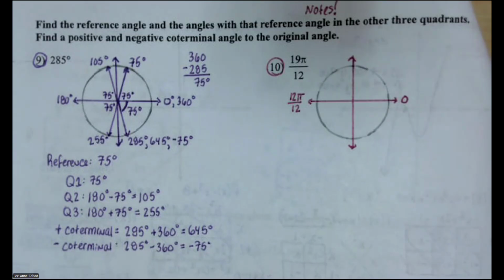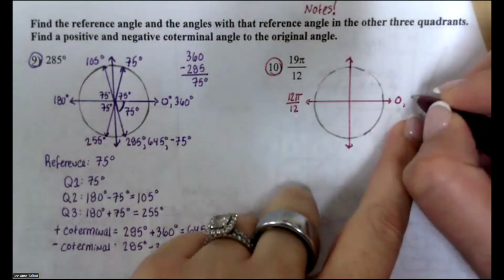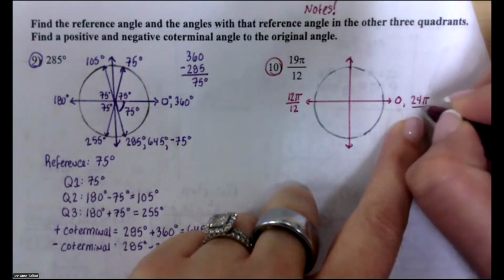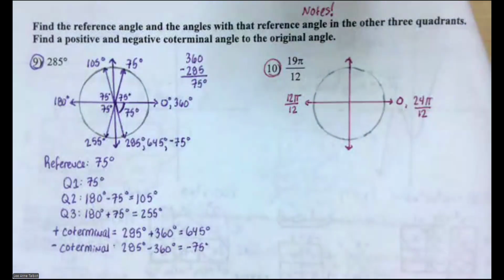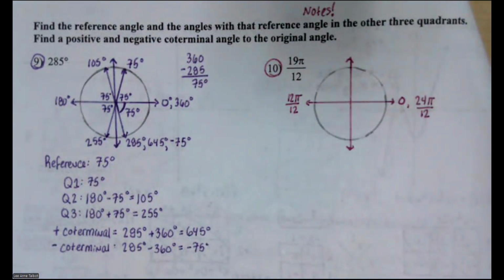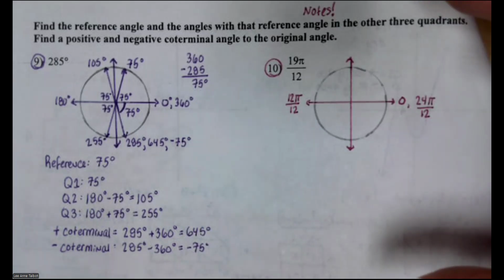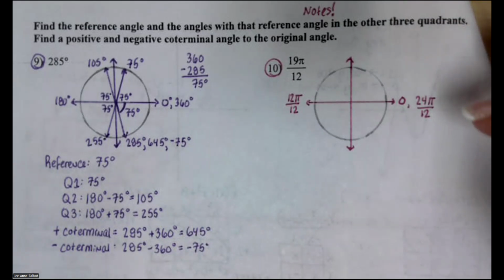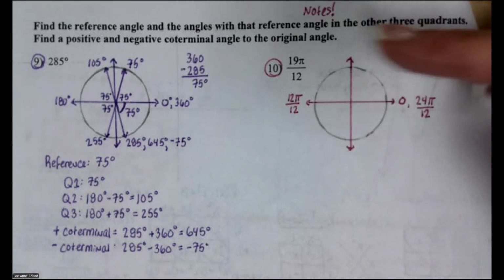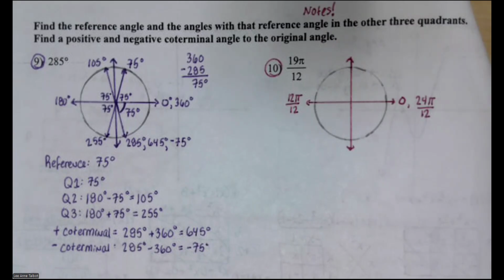What does 12 pi over 12 reduce to? Pi. Okay, and then this is going to be 24 pi over 12. What does 24 pi over 12 reduce to? 2 pi. Okay, so I find it much easier, especially when you're getting started with these problems, to label your axes in a common denominator to your original problem.